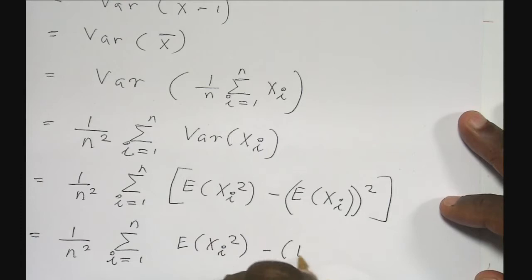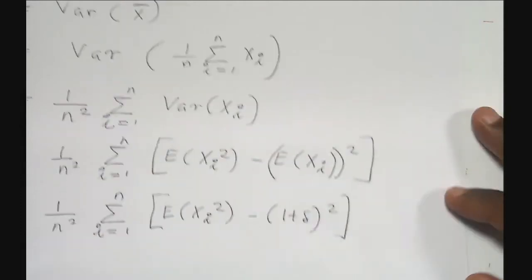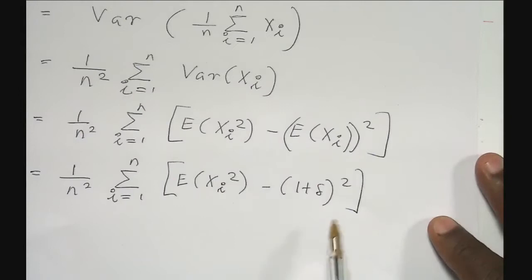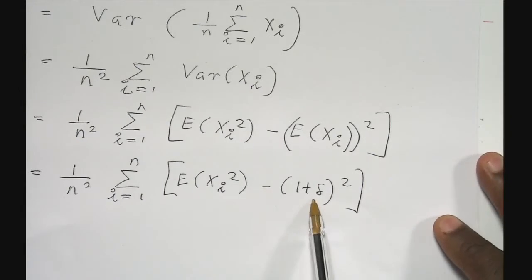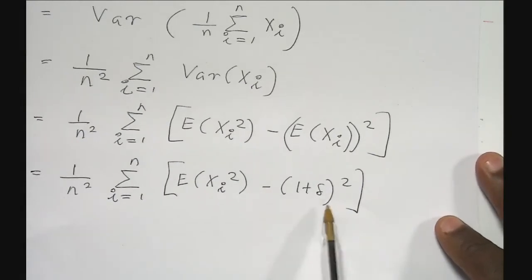This is 1 plus delta squared. Okay, this is from the calculations we did earlier. The expectation of xi is equal to this.